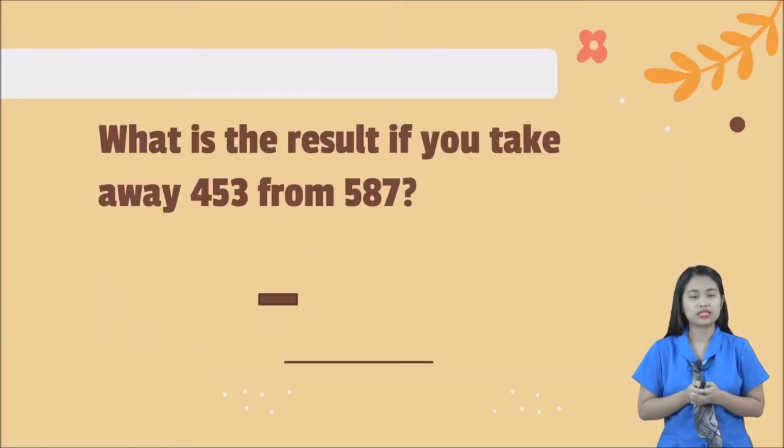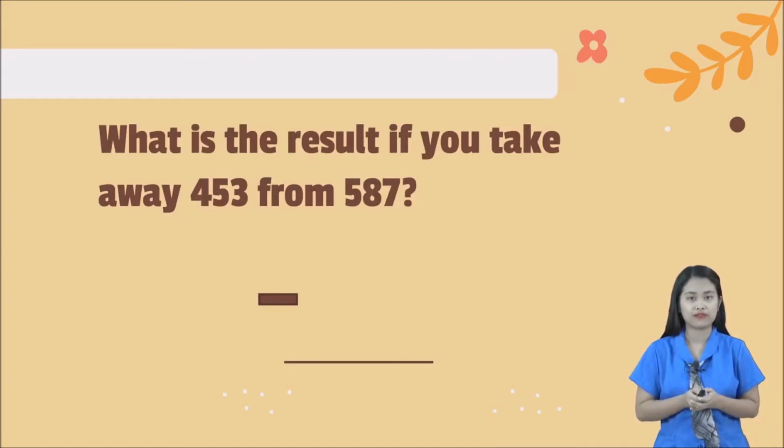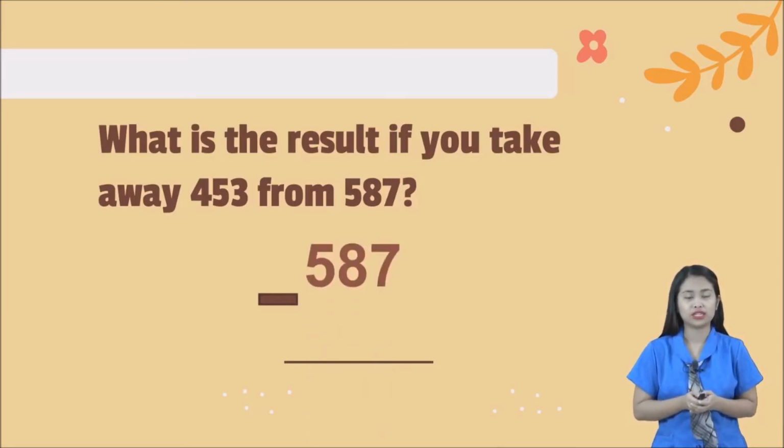So what is the result if you take away 453 from 587? So what do you think is the subtrahend here? So we have 587. Very good. And we have 453. So now we are going to subtract them.